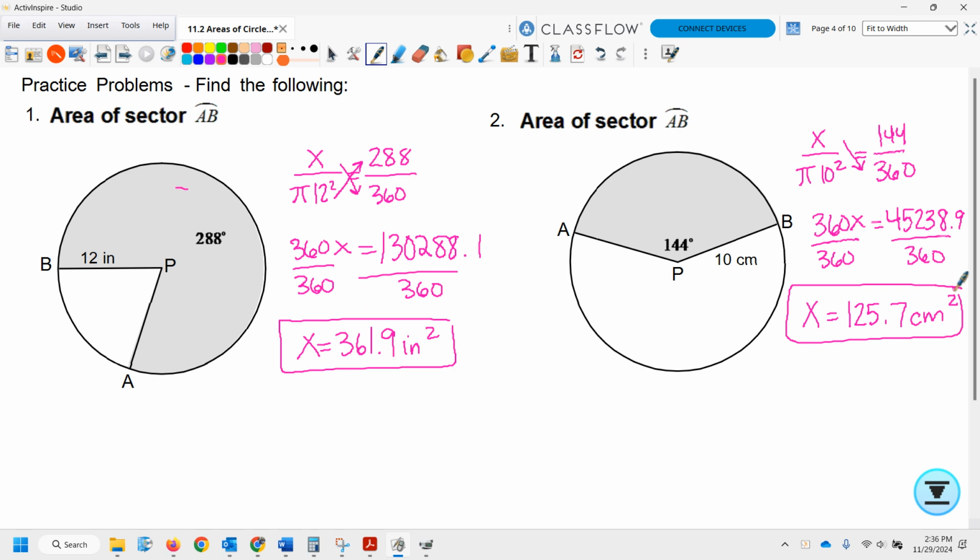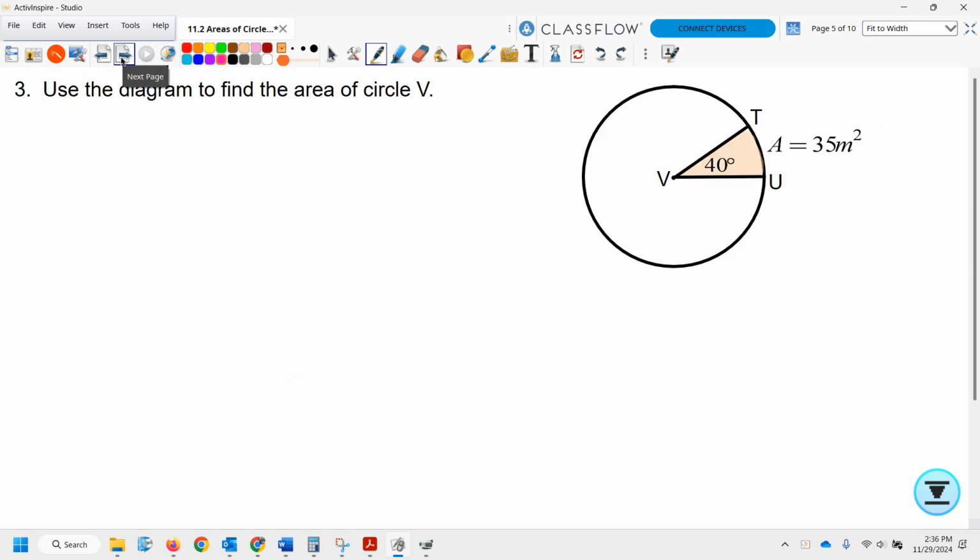We're going to use the diagram to find the area of the circle. A equals 35 m squared, that's the area of this piece of pie. That's the numerator. The denominator for that piece of pie is the whole area of the circle. I'm going to let that be x. The measure in degrees is 40 over 360. Not that difficult. We're going to cross multiply. 40x equals, and then 35 times 360 is 12,600.